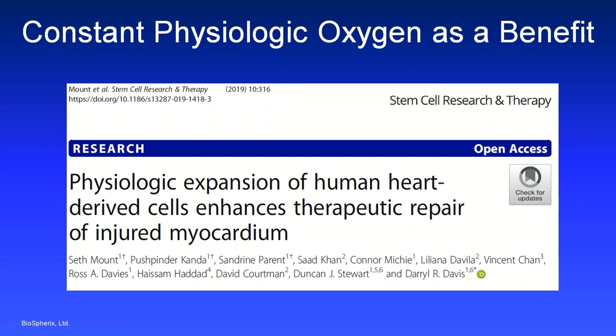And we have had a lot of customers find a tremendous benefit to their cells and tissues by using physiologically relevant oxygen levels constantly throughout their whole process, start to finish. This is one paper that was published recently by one group showing the benefit to their cardiac-derived cells when they used physiologically relevant oxygen throughout their entire process, start to finish.